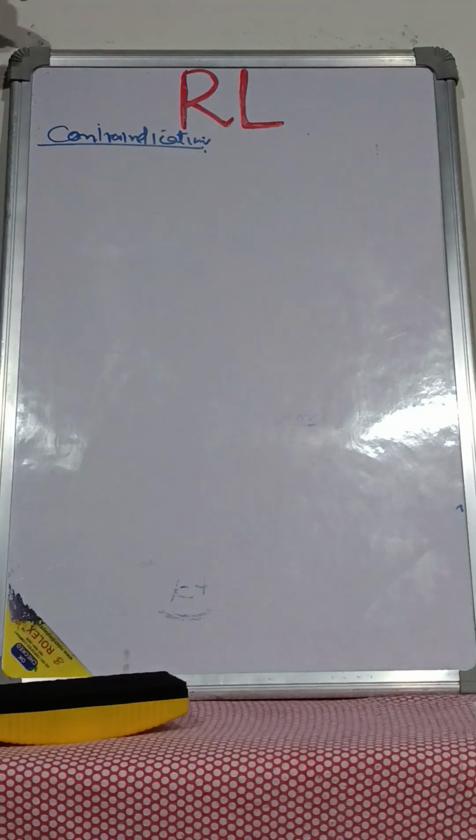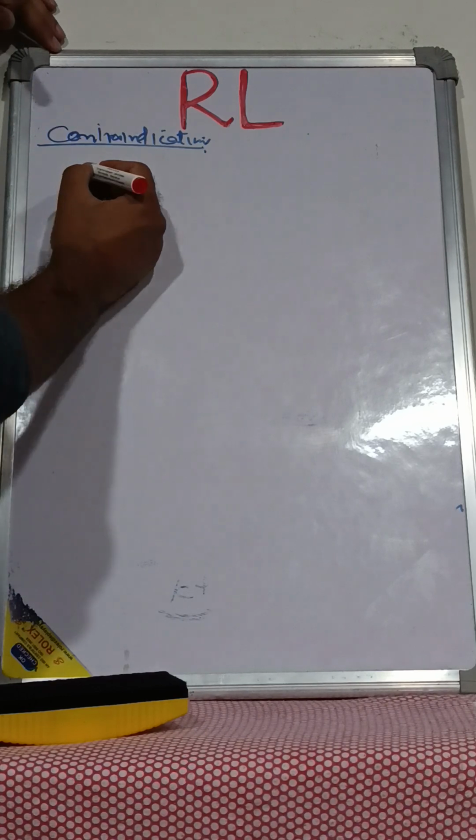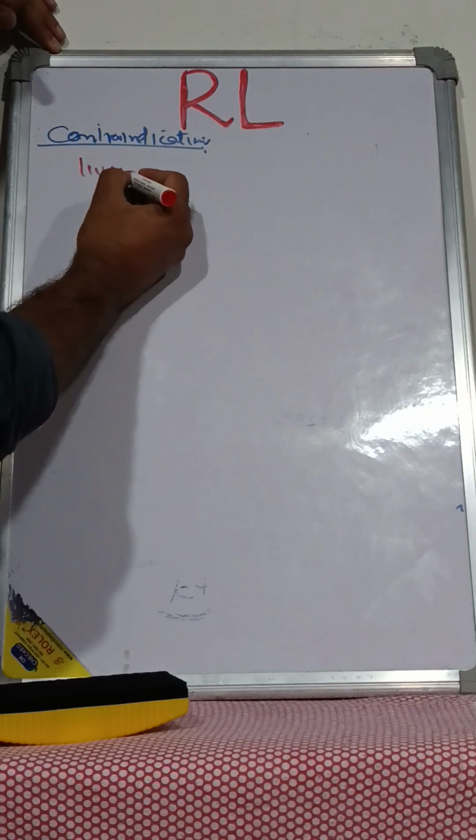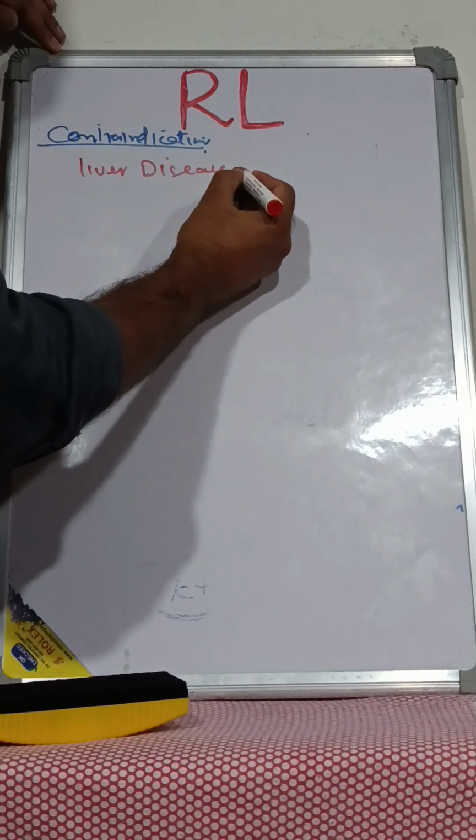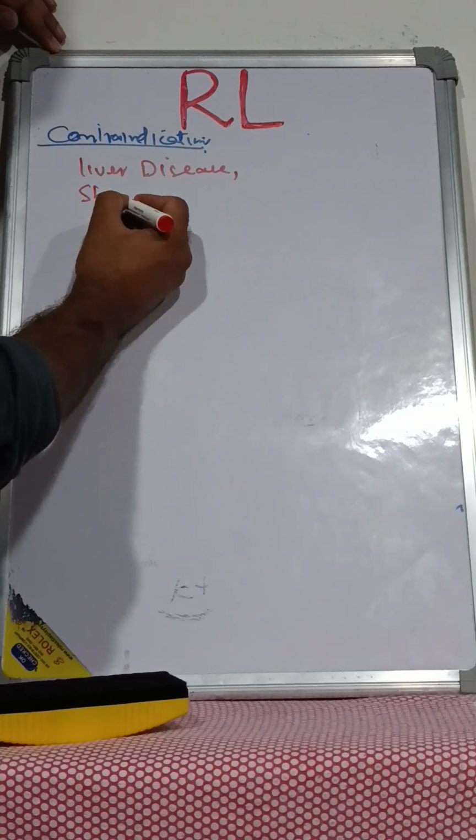Everything has its advantages as well as disadvantages. So what is bad with the usage of RL? You cannot use it in liver disease. You cannot use it in shock.